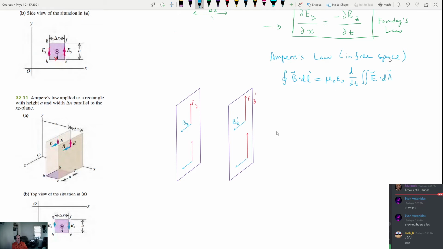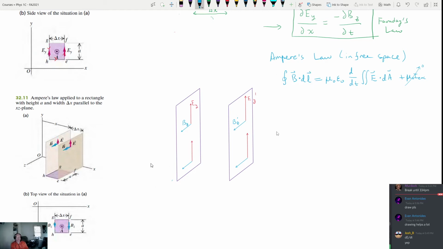In free space means that the other term, which would normally be here, which is mu naught times I enclosed, the one that we originally learned, is gone. Free space means no currents, so no currents are producing magnetic fields. All right, so now what we do is we do B dot dl here.